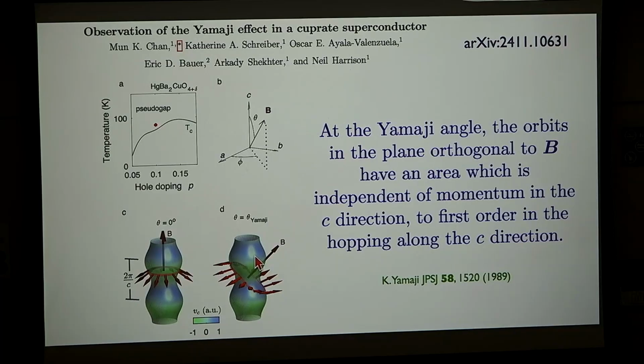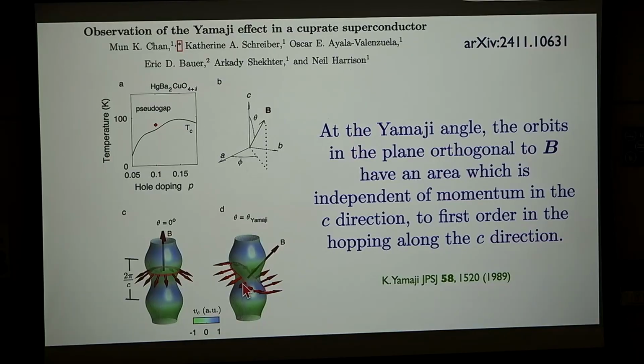Now, what Yamaji noted way back in '89, and this was applied very successfully to various quasi-2D organic materials, is that there's a certain angle, now called the Yamaji angle, at which the area of this ellipse, this object here, which is kind of elliptical, is independent of kz.